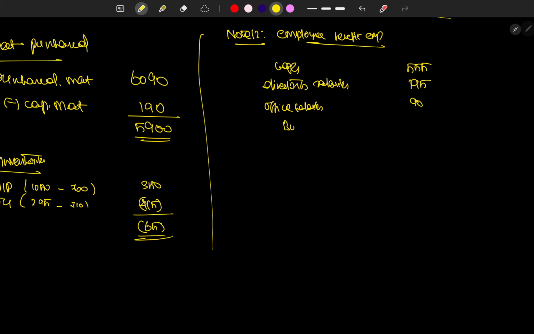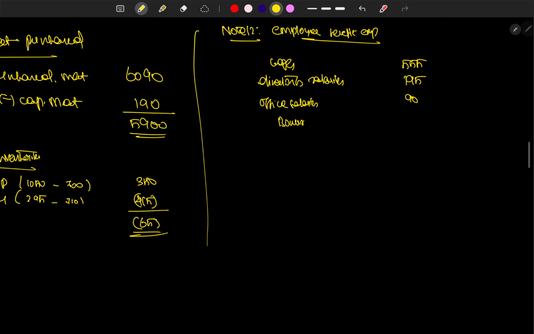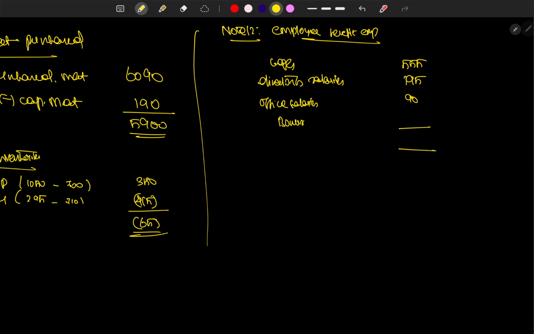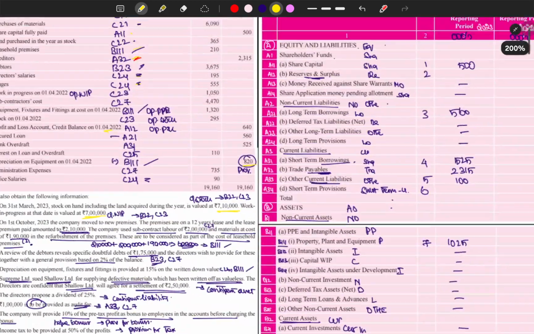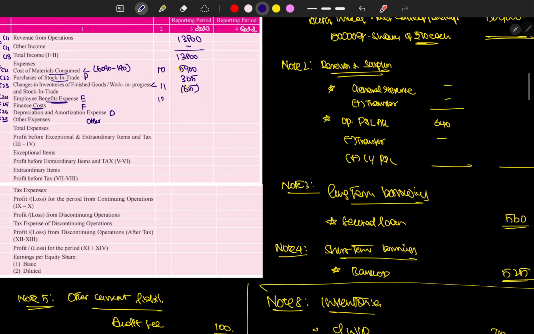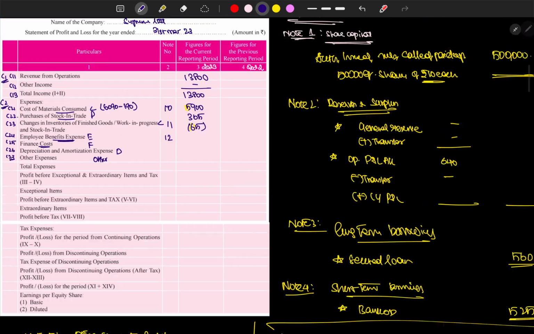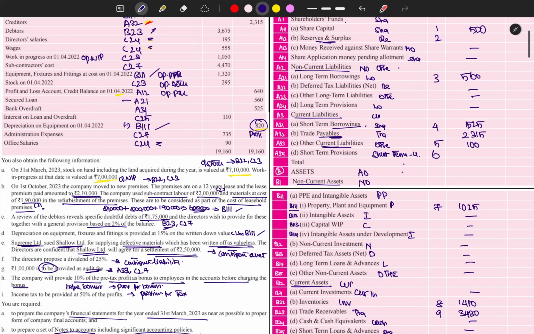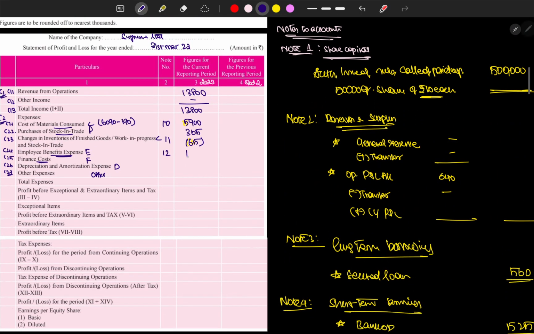And we are also providing the bonus for employees, so that has to come here. Let's sort it out and fill it in later. Okay, 12. Let's put the note number here, just 12, and fill it later. Finance cost is interest on loans and overdraft, which is 1,10,000, 110.